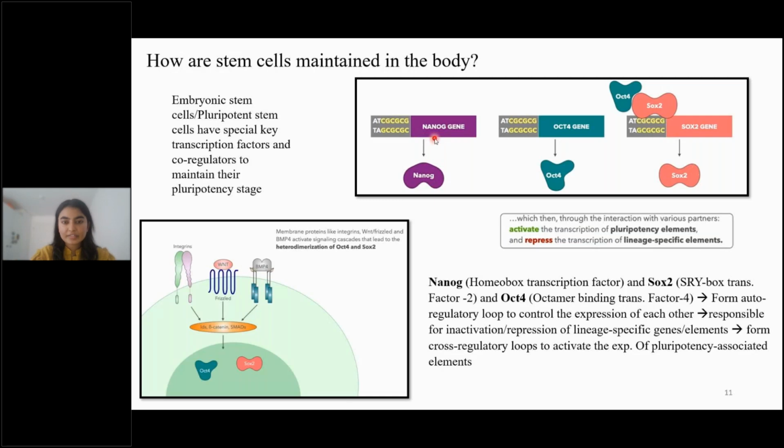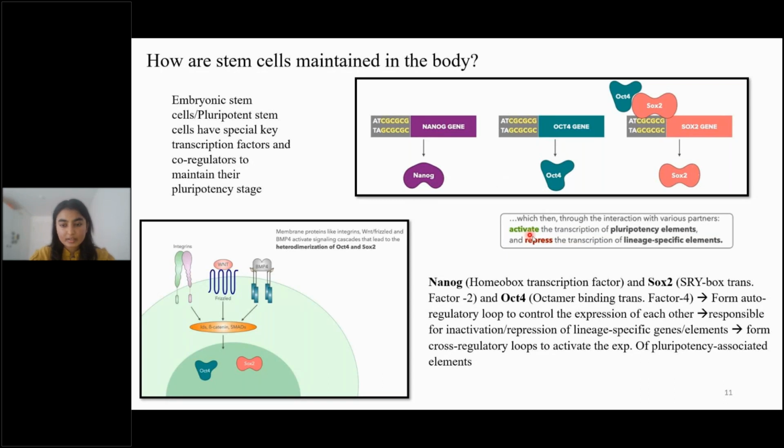The DNA forms the mRNA, which is called transcription. Then from the mRNA it forms the proteins, so we have the translation process. So these genes make up the proteins. These are Nanog, Oct4 and Sox2. These are the three genes which are responsible for the cell to behave like a stem cell.